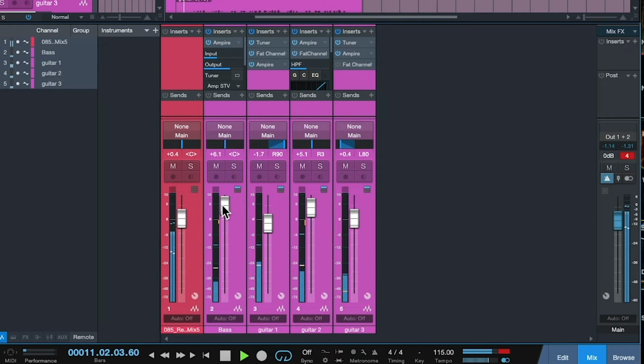So if you find yourself getting the blend that you like and you look over at that meter on the main output and it's clipping or it's very close to as high as it can go, take all those faders and pull them back a little bit, okay? Because you want headroom. You want a little safety margin in there. You want that output to be around 70%.